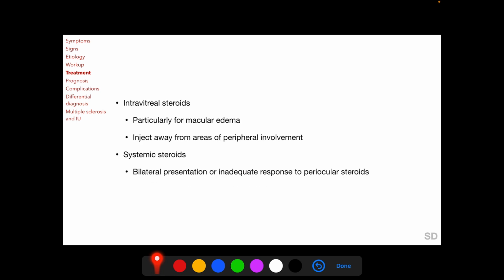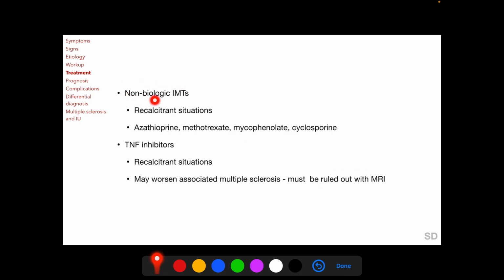Intravitreal steroids are indicated particularly for macular edema, and the site of intravitreal injection should be away from the location of peripheral inflammatory involvement of the intermediate uveitis process. Systemic steroids are indicated in bilateral presentation or inadequate response to periocular steroids. Non-biologic IMTs should be administered in recalcitrant situations, and azathioprine, methotrexate, mycophenolate, and cyclosporin have all been reported to be efficacious in intermediate uveitis.